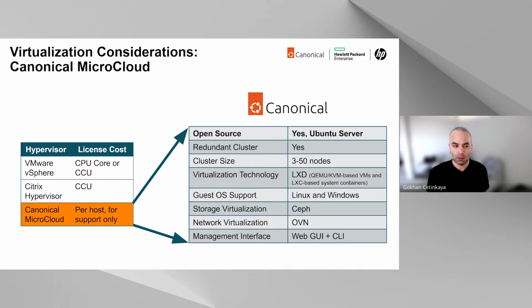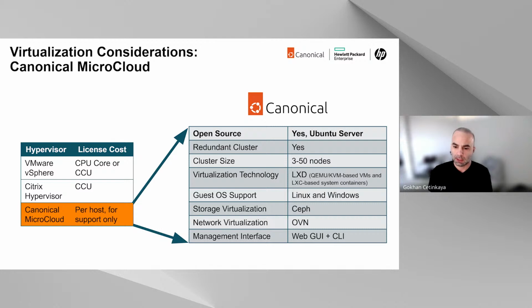It can be deployed in data centers or remote locations. It has three main components. It has LXD, which is an open source solution for managing KVM-based virtual machines and system containers. It supports images for various different Linux distributions, as well as Windows.